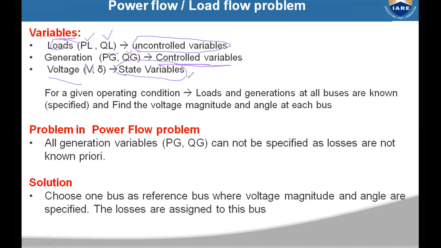If you know these two variables, you can determine the current flowing, the active power injection, the reactive power injection, everything. So you mainly have to determine the magnitude V and delta at every bus in the system. For a given operating condition, the loads and generations at all the buses are known, and you find the voltage magnitude and angle delta at each bus. This is the load flow problem.